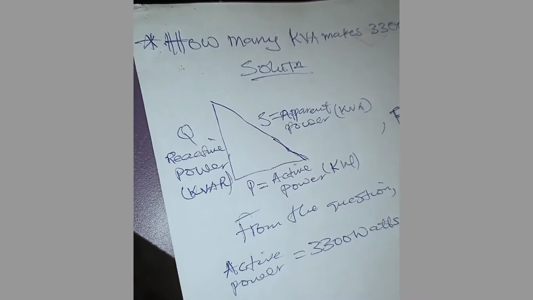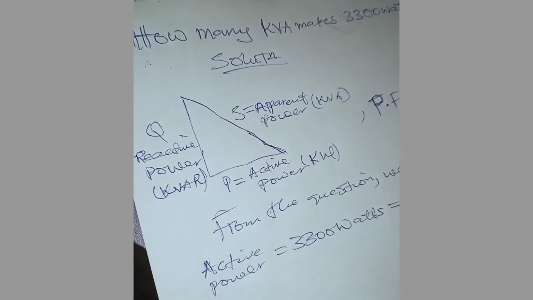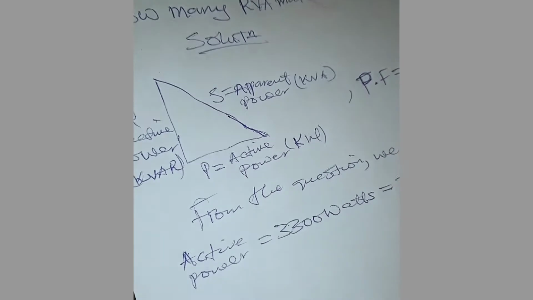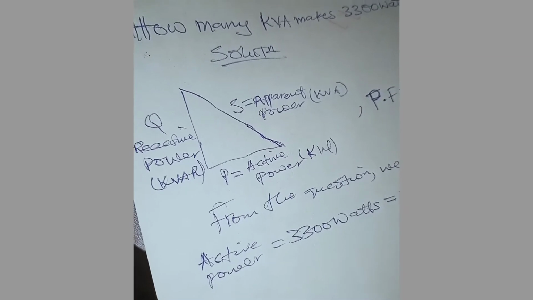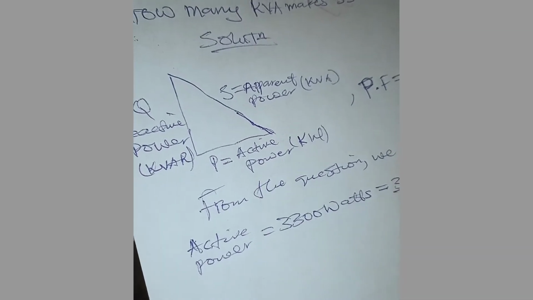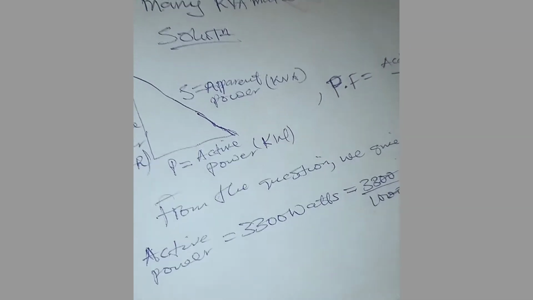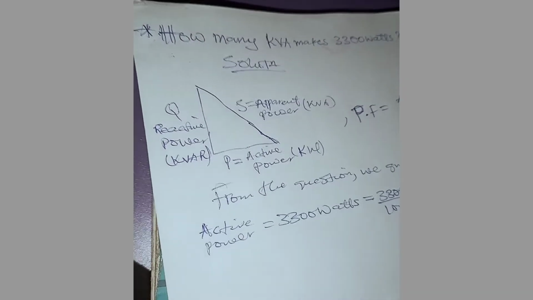Now, let's convert this to kilowatts. It will be 3300 watts divided by 1000, and that's going to give us 3.3 kilowatts.